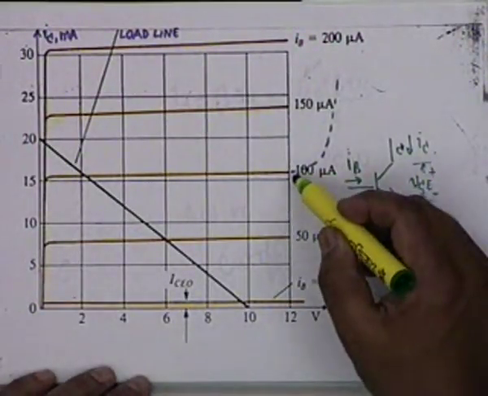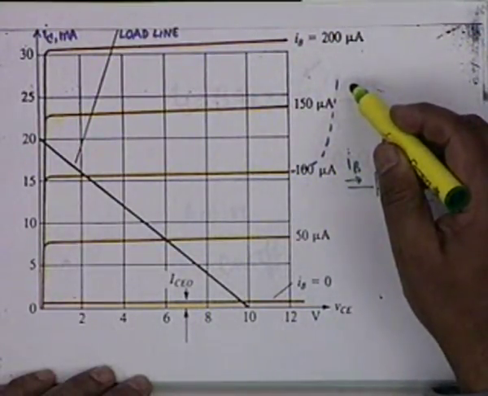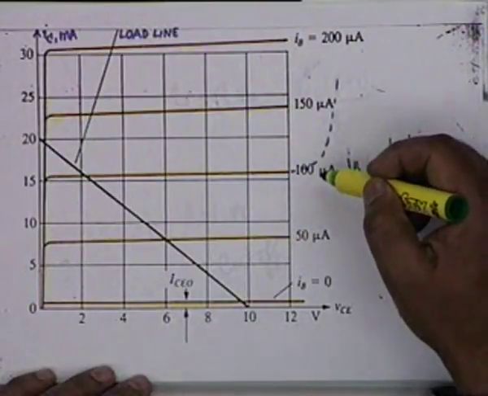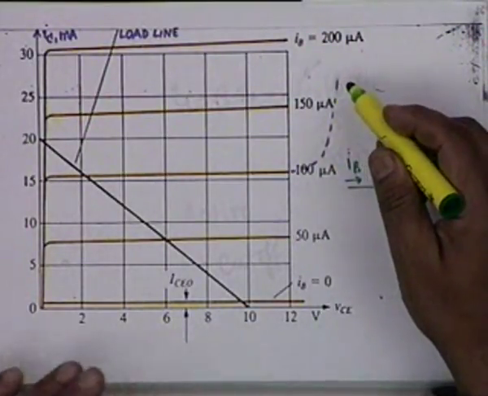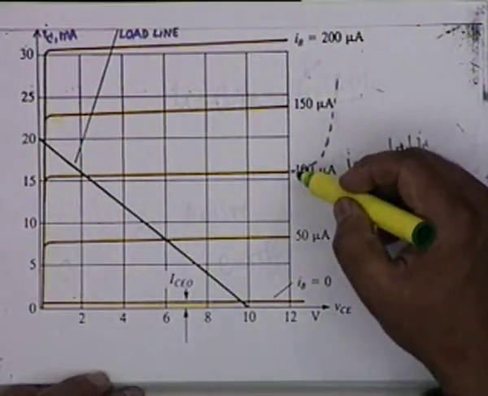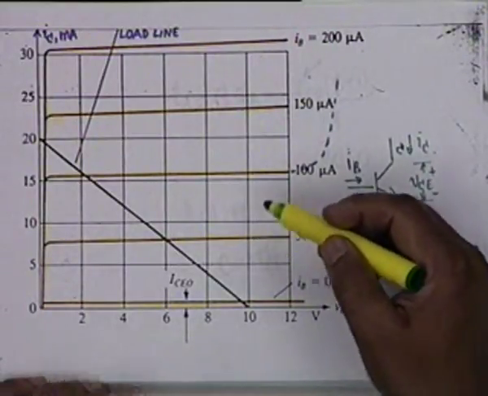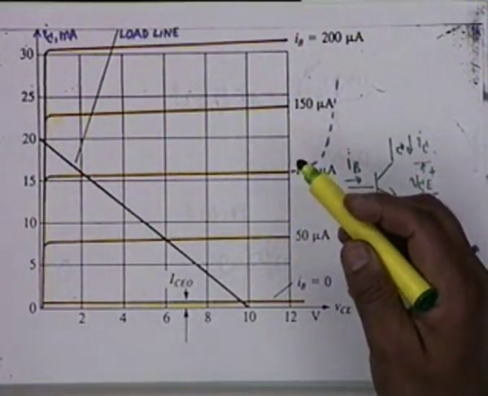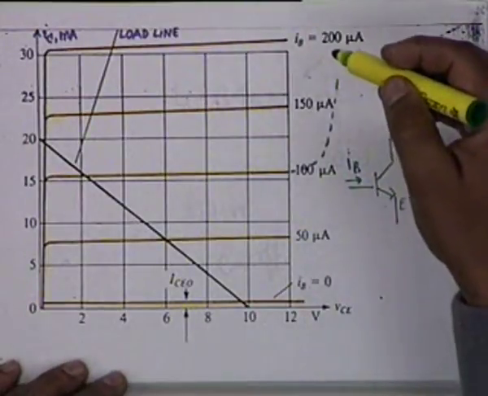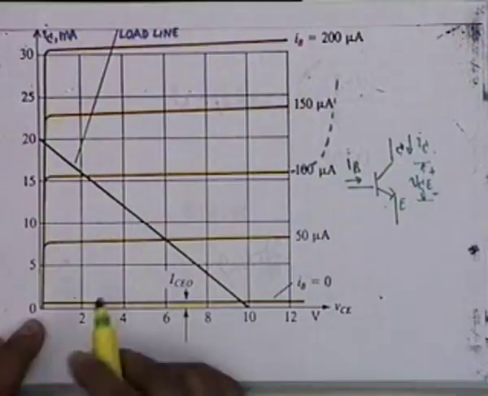There will be some point of VCE at which the current will start rising very fast. In other words, the collector junction will break down, and when it breaks down, obviously this parallelism and this nice relationship between IC and IB will not be valid, and therefore the active region is bounded by the cutoff line.